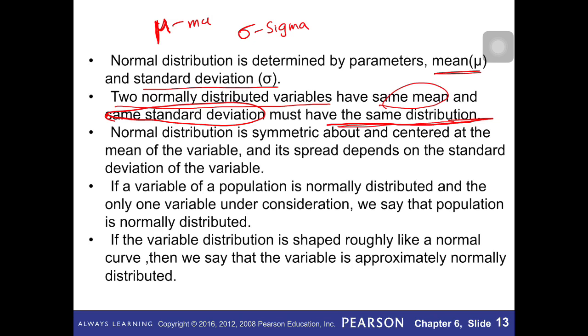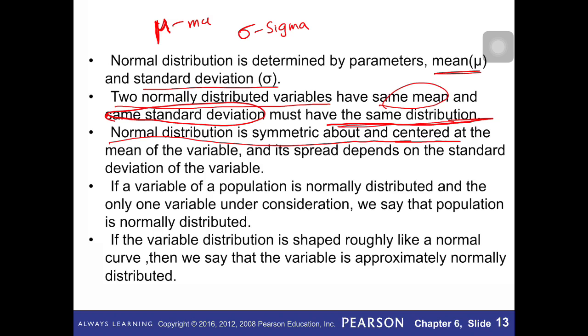A normal distribution is symmetric about its center at the mean of the variable, and its spread depends on the standard deviation of the variable. Which means this normal distribution is symmetric and centered.